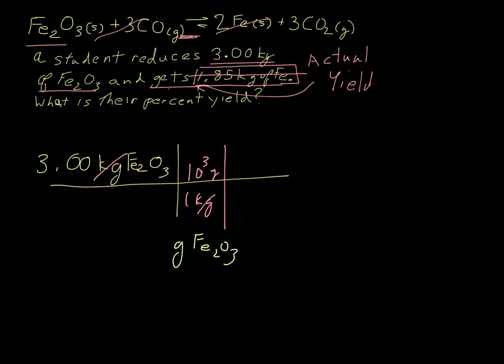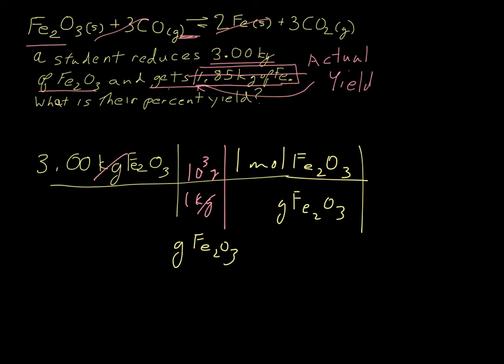Now I don't want grams of iron(III) oxide, so I'm going to place grams of iron(III) oxide where they'll cancel out. I know always the relationship between moles and grams. According to my periodic table, 1 mole of iron(III) oxide has a mass of, well, I've got to go to the periodic table. Breaking news, the periodic table apparently contains molar masses.